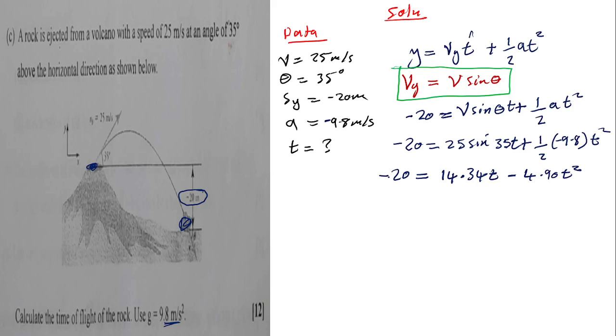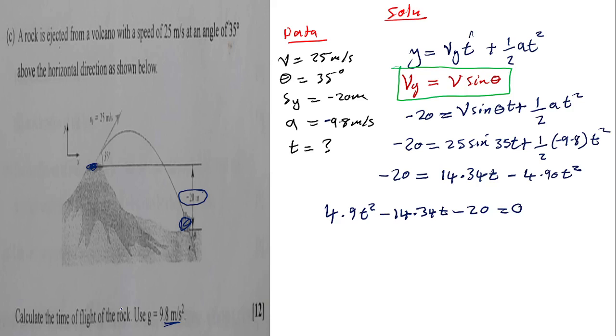So when they go to the other side, this will be 4.9 t squared minus 14.34 t, and then minus 20 is equal to 0. So if you look at this, you can't use the product sum factor theorem, so you're going to use the quadratic equation.